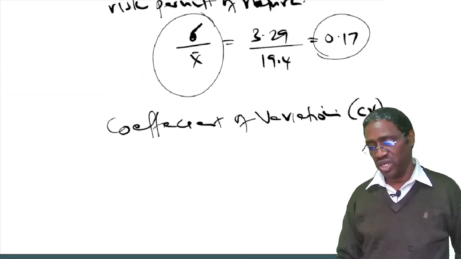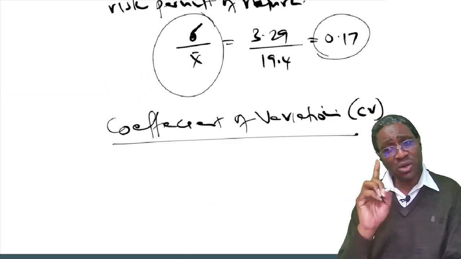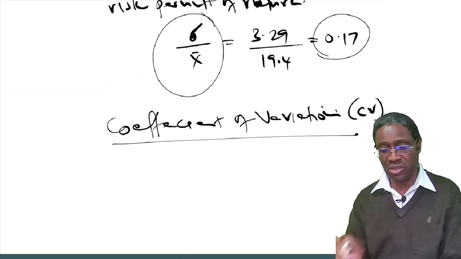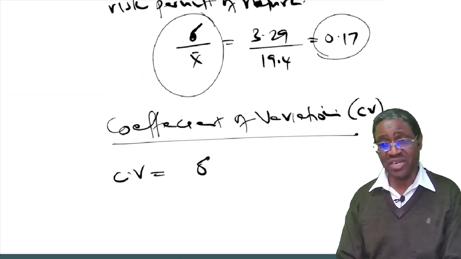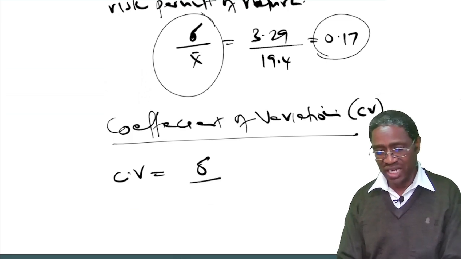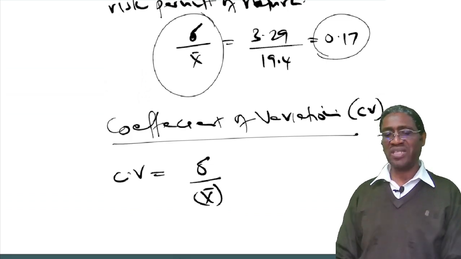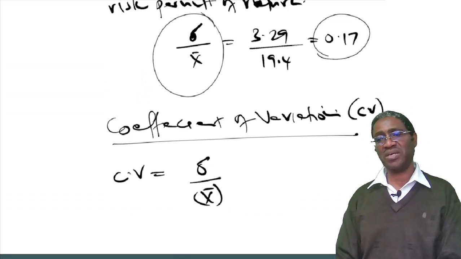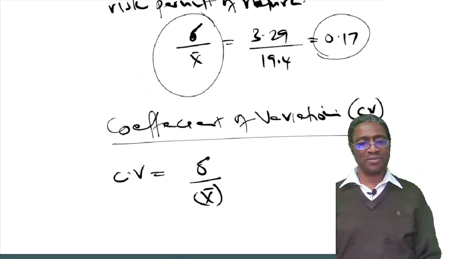To get this coefficient of variation, we take the standard deviation and divide that by the mean x bar. Good. So let's put it down now.